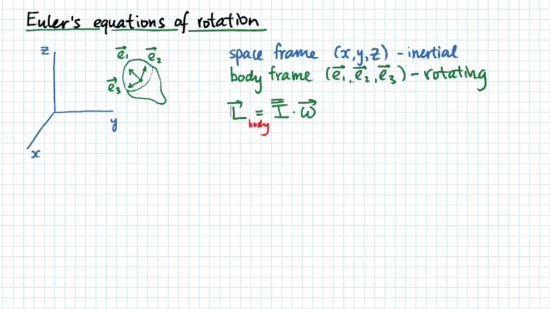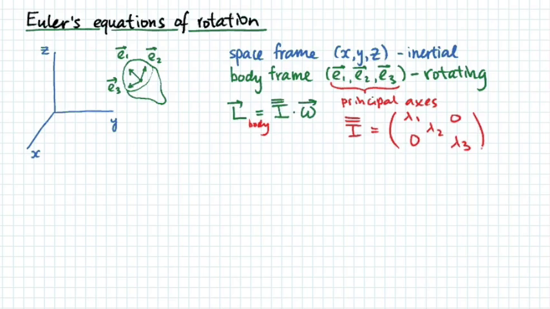More specifically, if we choose the three unit vectors attached to the rotating body frame to be principal axes, then, as we know, the inertia tensor will be simply given by diagonal terms, where the diagonal terms are the principal moments of inertia.